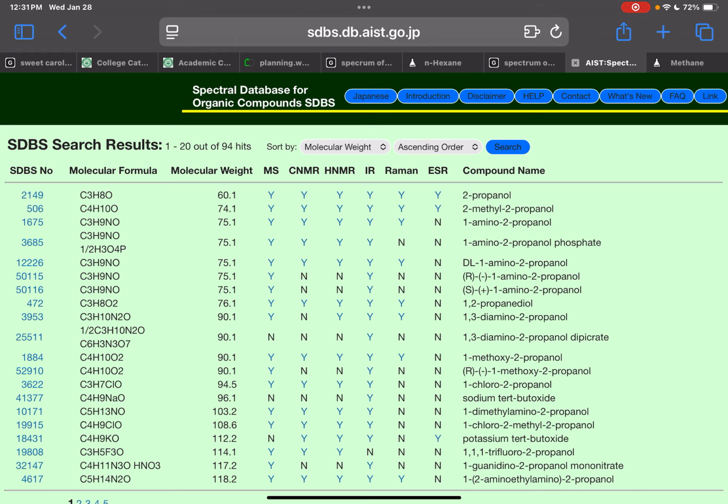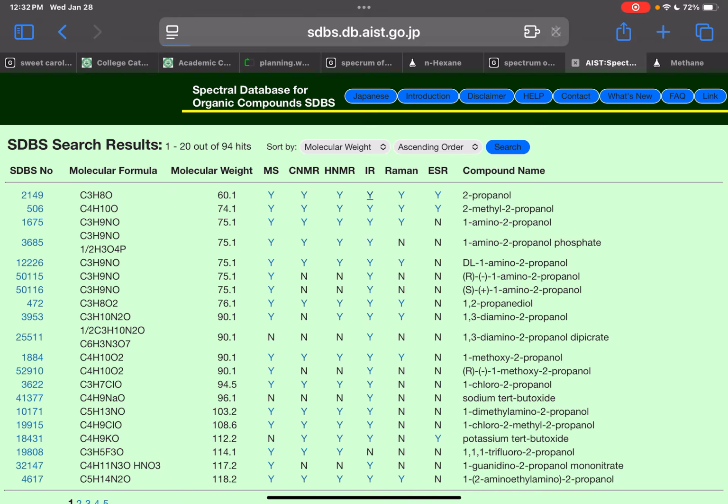Now, you'll notice that there are columns for MS, that's mass spectrometry, CNMR, which is carbon NMR, HNMR, which is hydrogen NMR, IR, and then Raman and ES are two things that we don't get into in this course. But for now, we're just going to focus in on the IR, so we click on that Y there. If it had been a no, there would be no spectrum there, and you wouldn't be able to click on the link.